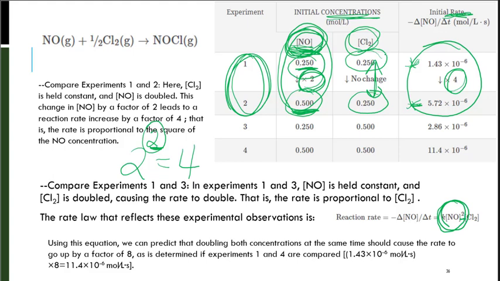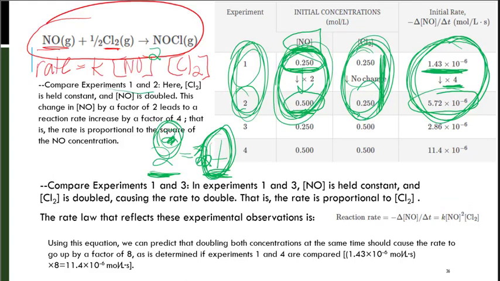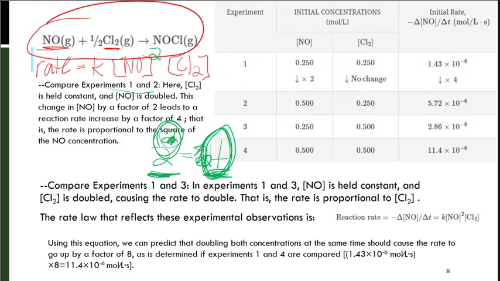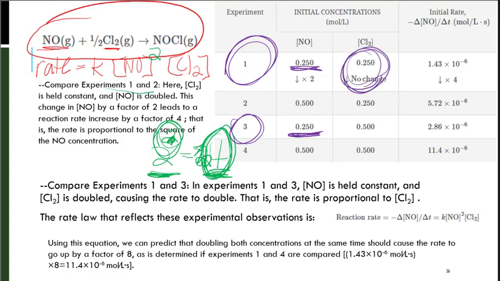Now I need to find two trials where NO stays the same and chlorine changes. Let's look at experiments 1 and 3. Notice that in experiment 1 and experiment 3, the concentration of NO stays the same, 0.25 and 0.25, while the concentration of chlorine went from 0.25 to 0.5.